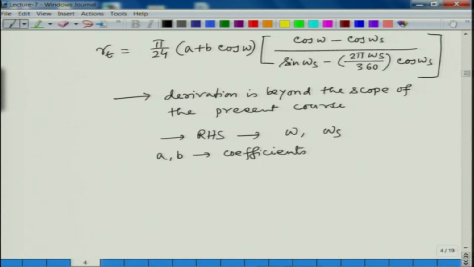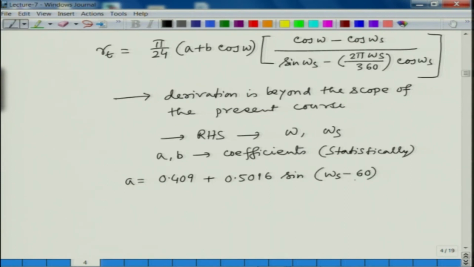Okay. And these are actually obtained statistically. The values of that, A is this and B is this.